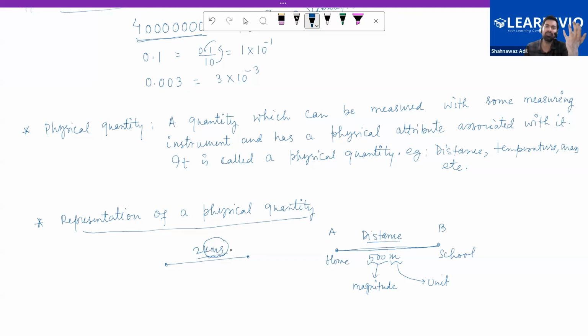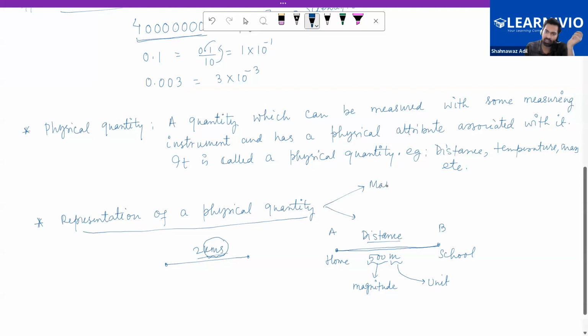So by just looking at the units, we can identify the physical quantity. Let's say I say 4 kgs. Then by identifying kgs, you can quickly tell me that I'm talking about mass. That is why units are so important: by identifying the units, we can tell the type of physical quantity. In the representation of a physical quantity, you have two parts.